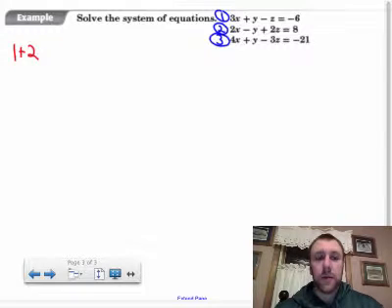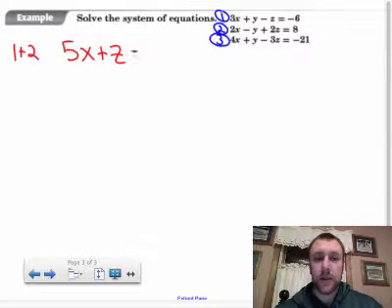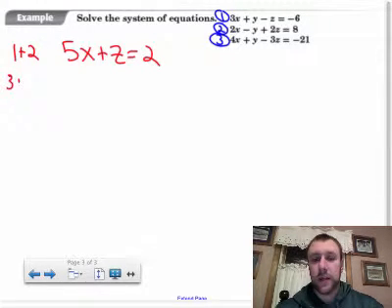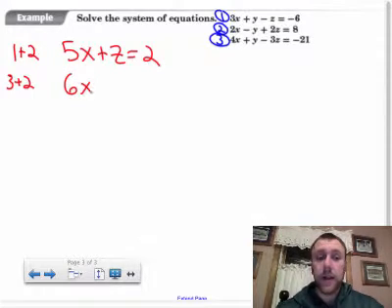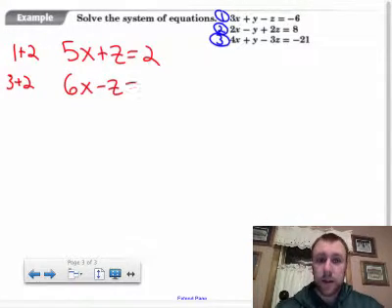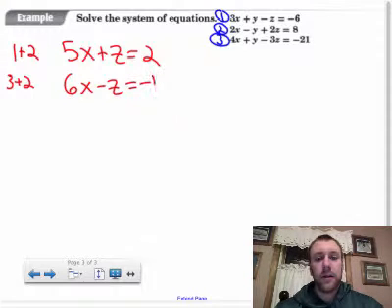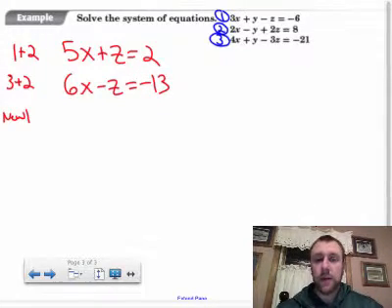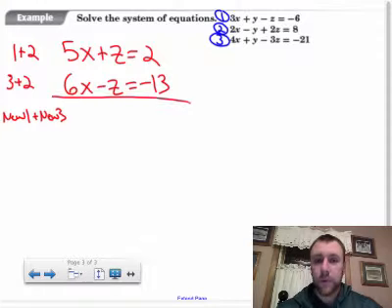And then I'm going to do 3 plus 2, which is going to be 6x minus z equals negative 13. So now I have the z's as opposites. So now I'm going to add those together. We're going to get 11x equals negative 11. I'm going to divide by 11. Again, x is negative 1.